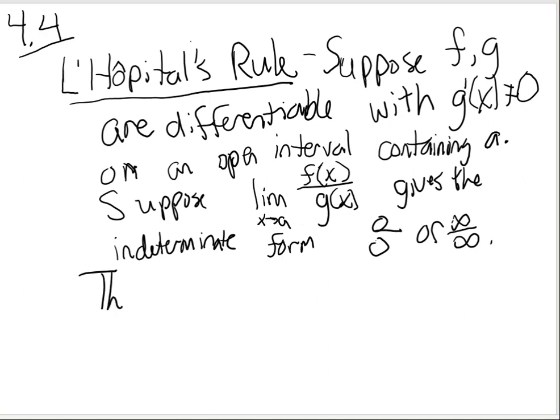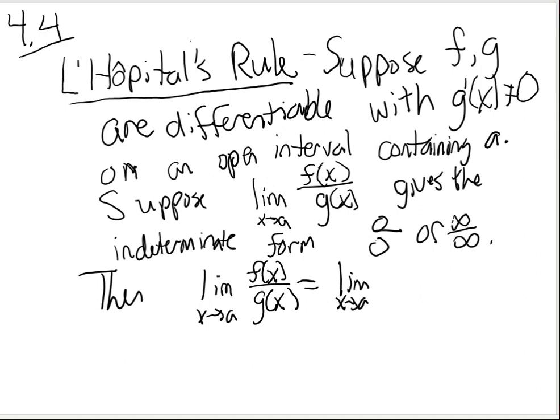Then what you get is that the limit as x goes to a of f of x over g of x is equal to the limit as x goes to a of f prime of x over g prime of x, provided the limit exists.